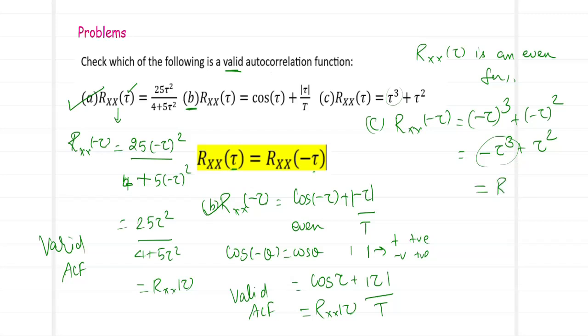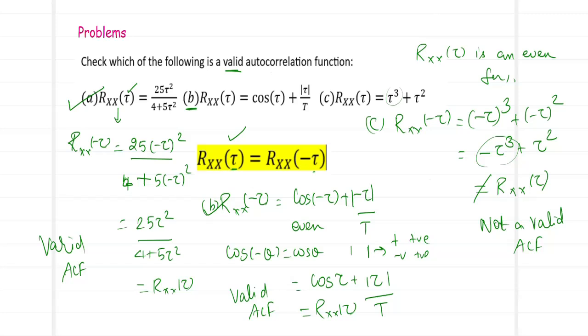So can I say that it is the same as my Rxx of tau? No, it is not the same as Rxx of tau. So C is not a valid autocorrelation function. This property, that the autocorrelation function is an even function of tau, will help you identify whether the given function is a valid autocorrelation function or not.